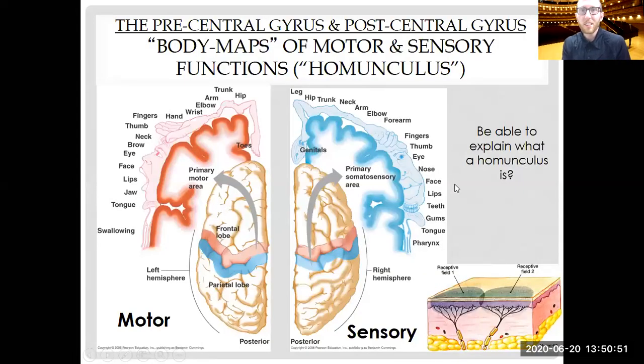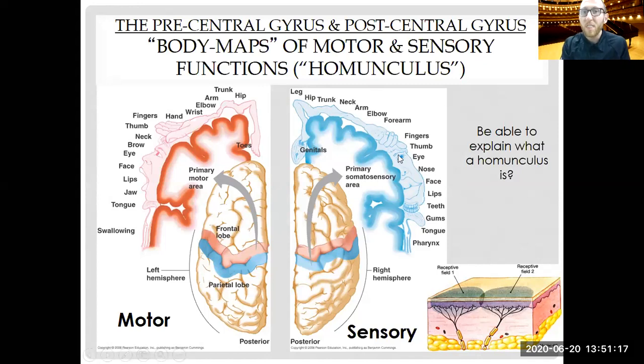And we've also got the post-central gyrus dealing with sensory information. These are both on the left and the right, but for sake of the picture, they've just kind of shown one on the left, one on the right, but they're on both sides. And here we can see the areas of the body that are the most sensitive have the largest areas on the homunculus.